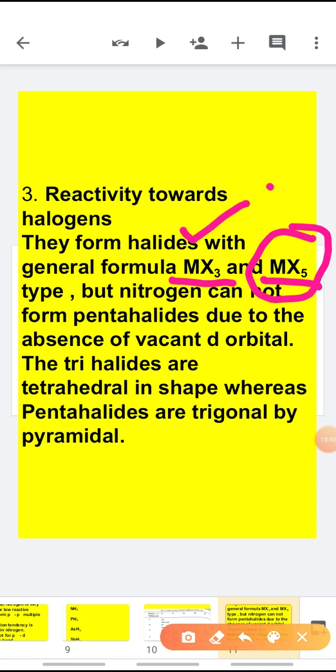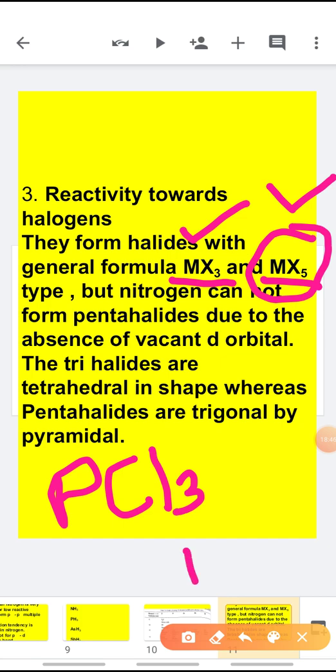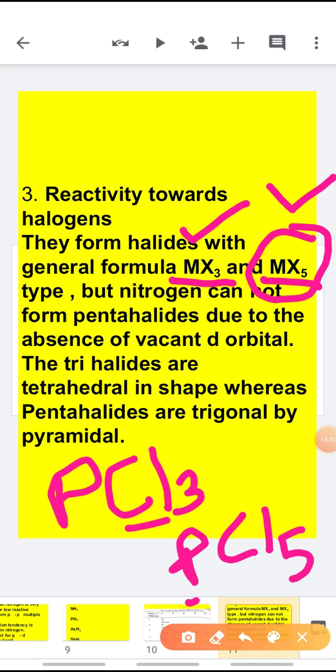Phosphorus can form both, for example PCl3 as well as PCl5, where P is phosphorus and Cl is the halogen. Nitrogen can form NCl3 but cannot form NCl5 because it cannot make five bonds due to the unavailability of vacant d orbitals.